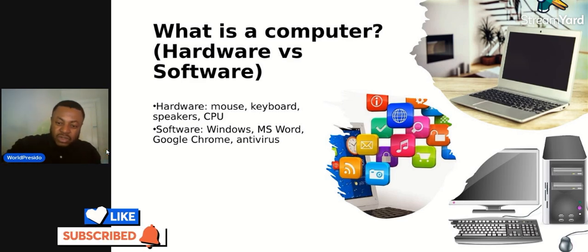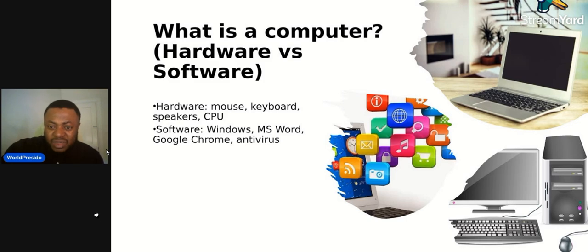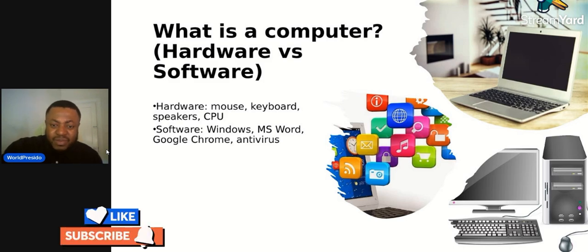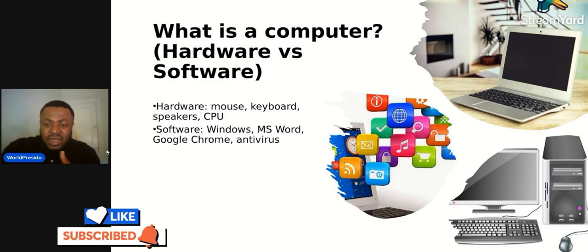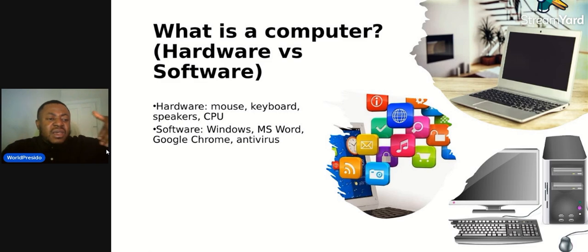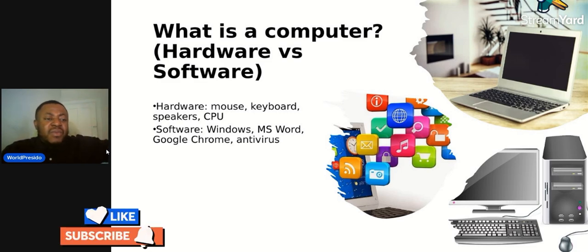Then the software are the programs that run. If you see on the screen, these are programs. You see the web, you see the music icon, you see the Wi-Fi icon, you see the email icon. So these are programs that run in a computer.